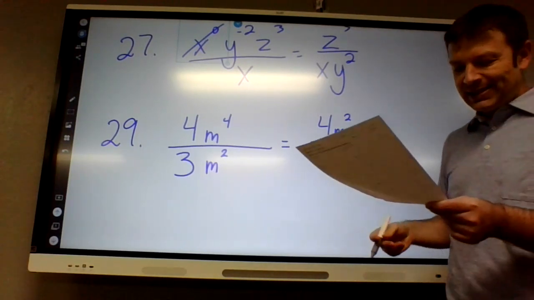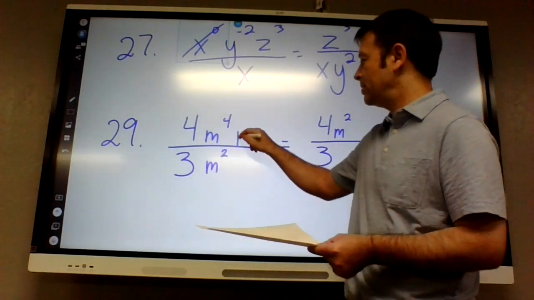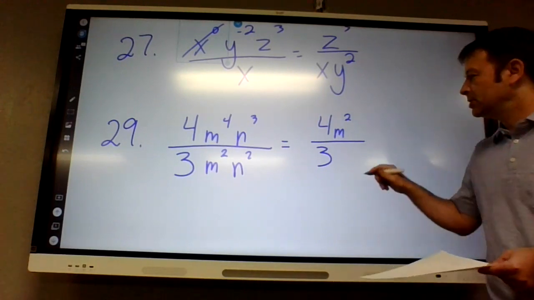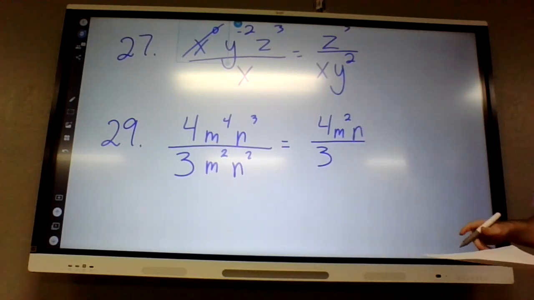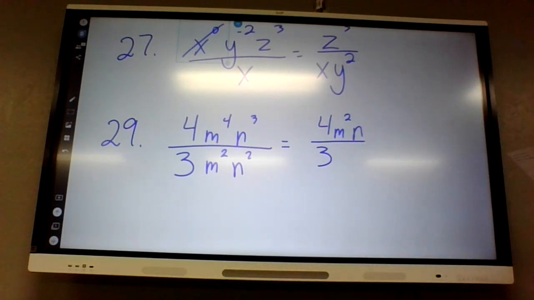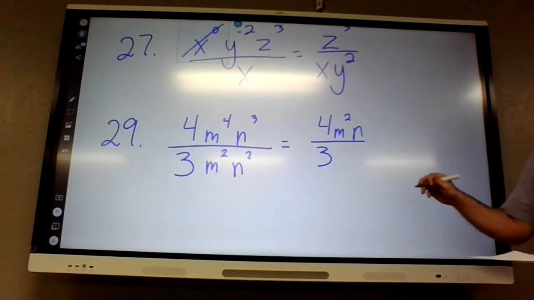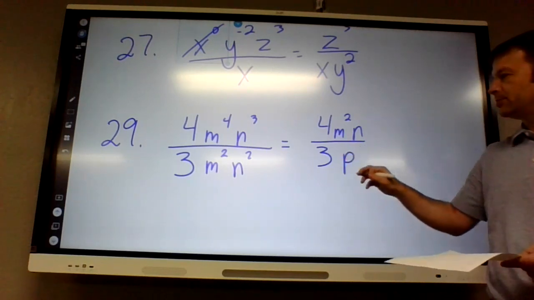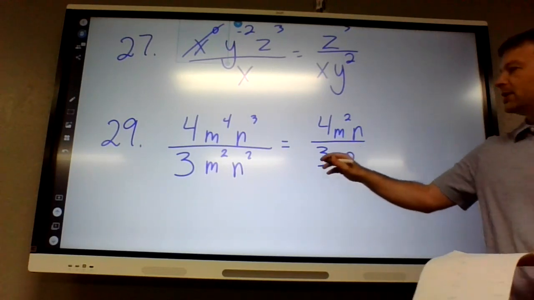On the n's, we got 3 on top and 2 on bottom, so 3 minus 2. 1. So let's put n on top. And on the p's, it's basically 3 minus 4. Which is negative 1. Right, and so instead of just putting p to the negative 1 on top, I'm just going to put p on the bottom. That's it.